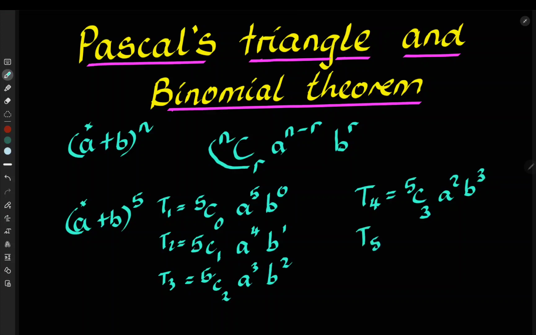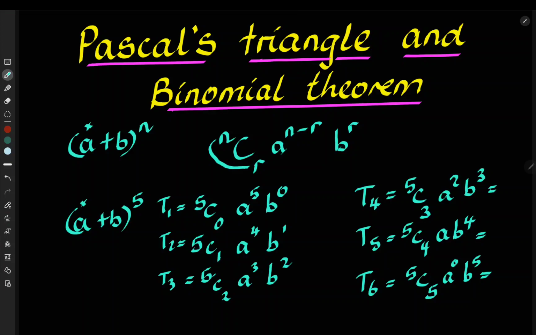Then term number 5 will be 5 choose 4, then that will be a to the power 1, 5 minus 4 is 1, then b to the power of 4. Then the last term, term 6, will be 5 choose 5, then a to the power 0, because 5 minus 5 is 0, then b to the power 5.